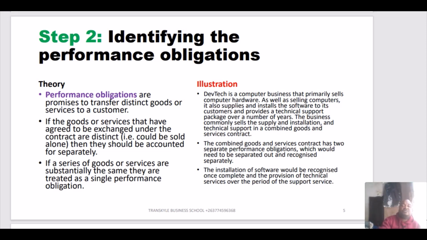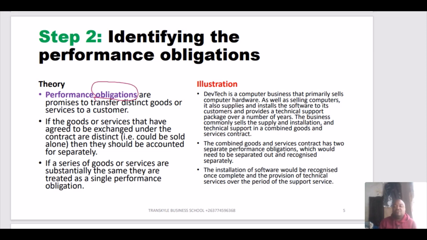And we need to understand one thing. The word obligation is actually the bedrock of a contract. Like when we discussed offer and acceptance, remember when you offer yourself to commit to something, you are obliging yourself to do something.